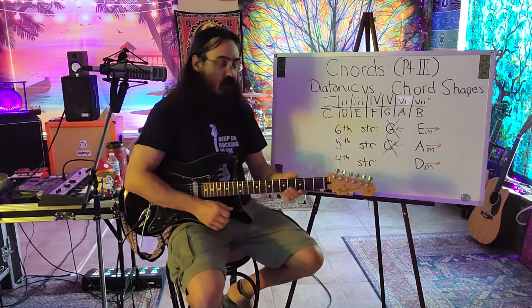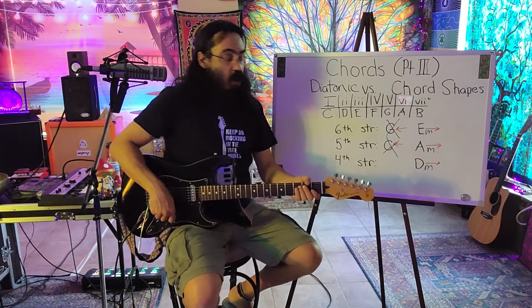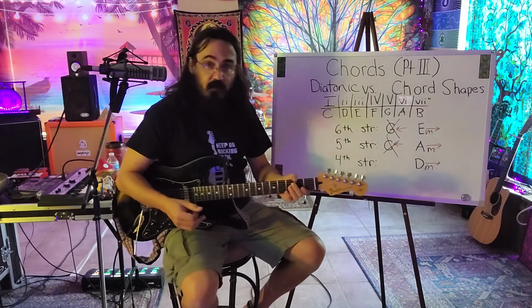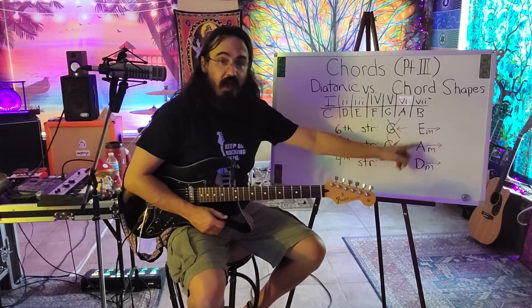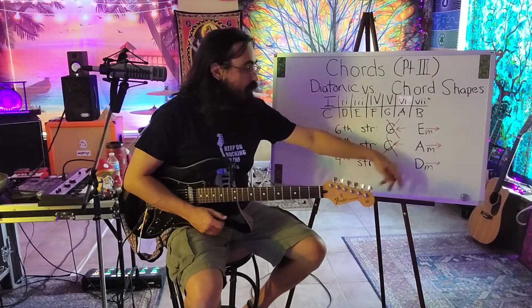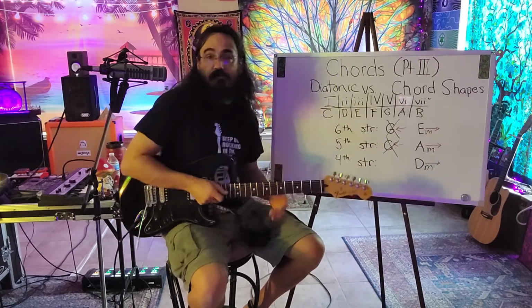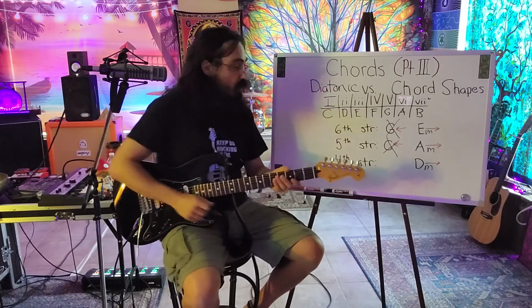All right. And so last time we focused on applying the idea of major shapes. So we altered the A minor, E minor, and D minor shapes a little bit to give us their major forms. So now we're going back to the forms that I showed you first, okay?